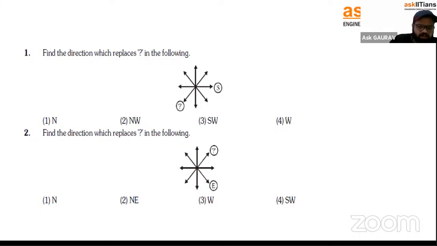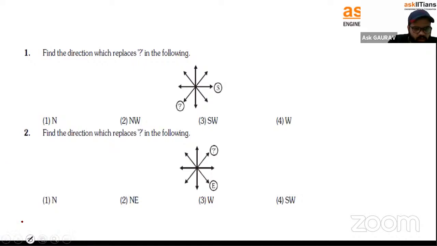Okay. Now these are the questions which you have to do. Do question number 1. Read this question and do it. Question number 1: find the direction which replaces this question mark in the following. This is given. This is south.